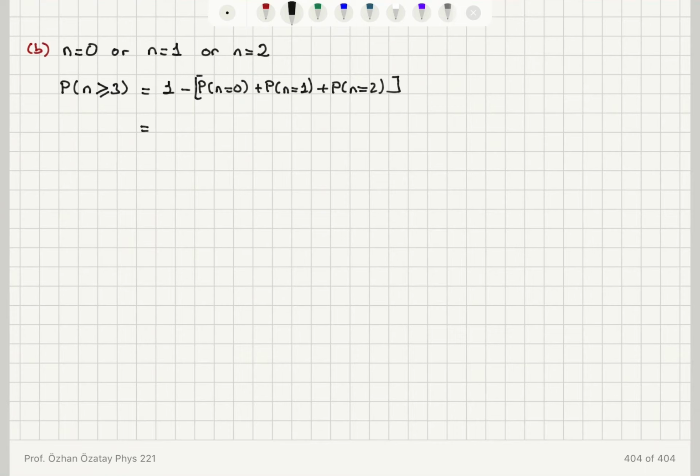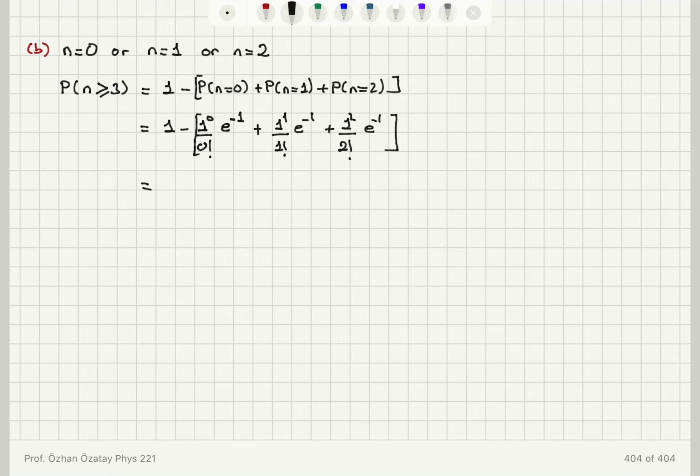So basically this would be 1 minus lambda to the n, so 1 to 0 over 0 factorial, e to the minus 1, plus lambda to the n, 1 to the power 1 over 1 factorial, e to the minus 1, plus 1 squared over 2 factorial, e to the minus 1.